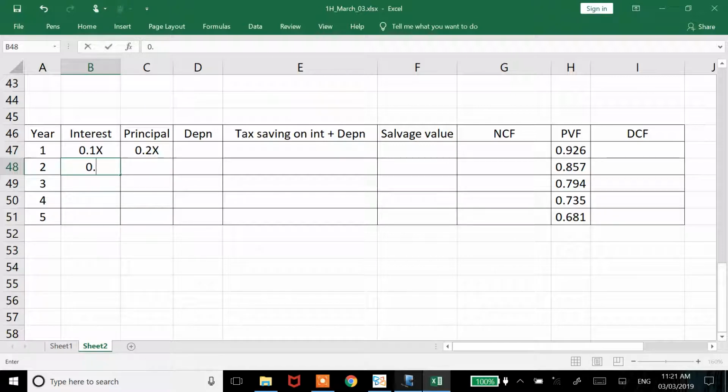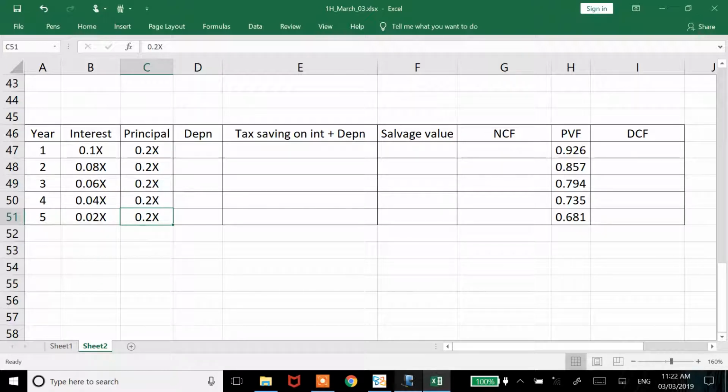Second year interest is 10% of 0.8x, and principal will be 0.2x. 10% of 0.8x, you repay 0.2x, so balance is 0.6x. Third year interest is 0.06x and principal is 0.2x. Fourth year 0.04x and principal is 0.2x. And last year is 0.02x and principal is 0.2x.